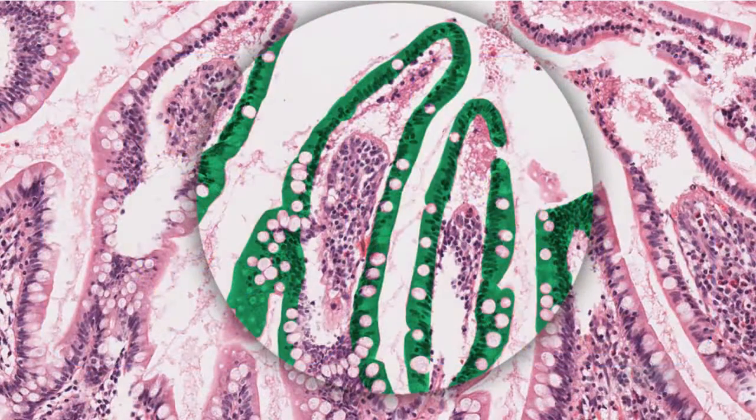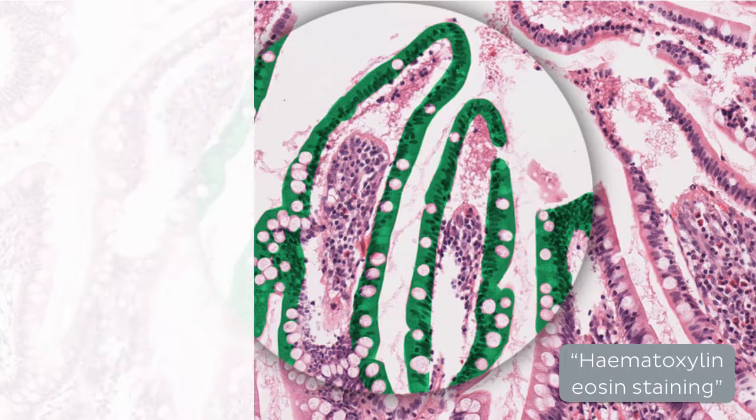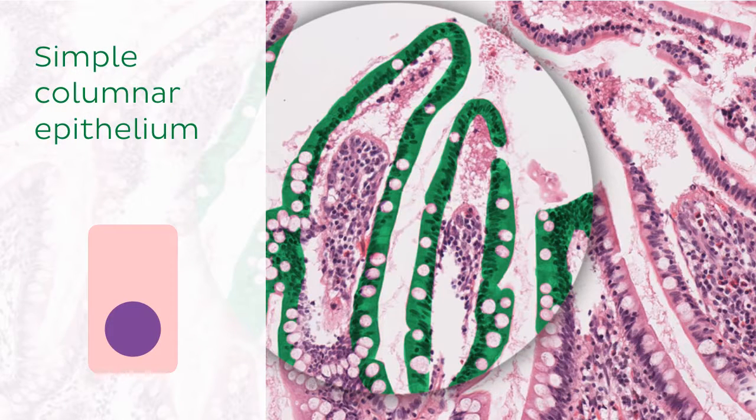The third type of simple epithelium that we'll see today is the simple columnar epithelium. As you can see in this micrograph, the simple columnar epithelium also comprises a single layer of cells resting on the basement membrane. However, these cells are columnar in shape, which means they are even higher in appearance than the cuboidal cells we just saw. And although the cells are taller, their nuclei can be found situated closer to the basement membrane.